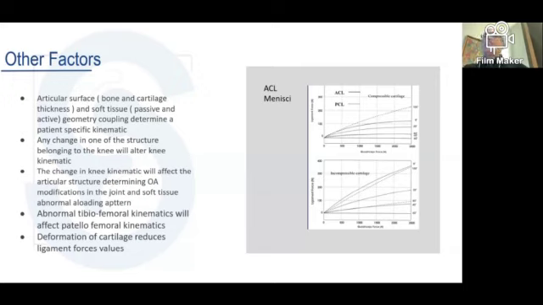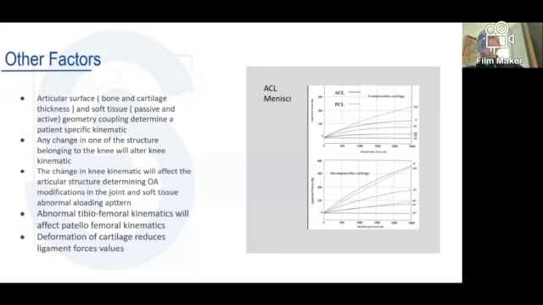The change in knee kinematics will affect the articular surface, then determining osteoarthritis. There is more pressure in the medial part, there is more pressure in the lateral part, there are no more, for example, menisci, then the pressure on the articular surface will be more important, and there is an abnormal loading pattern.